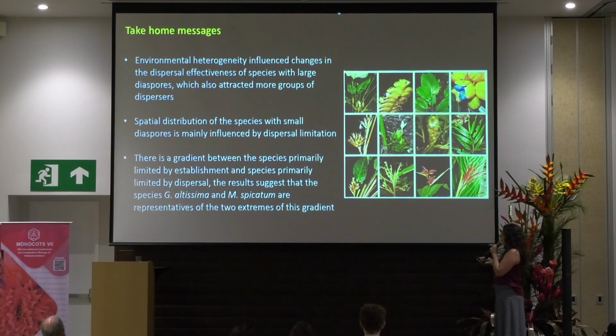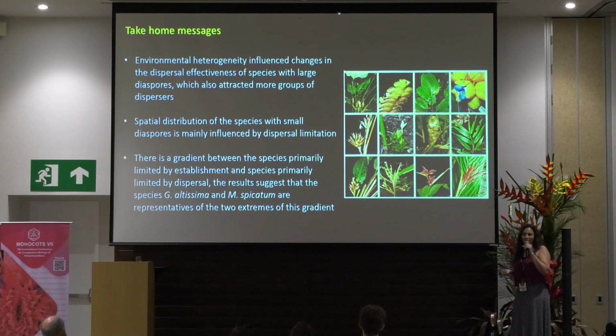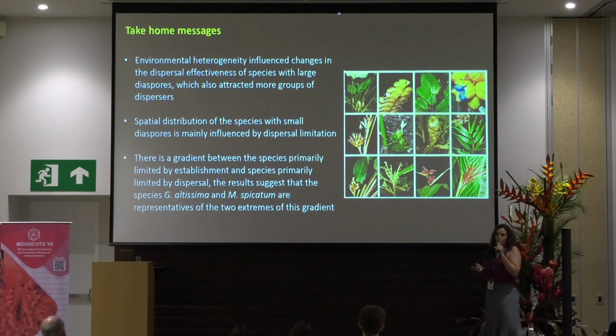And we have Goeppertia altissima, which is dispersed by vertebrates, but is environment filtered because it's not related much to the valleys. So we need to take this into account if we want to understand the trajectory of Marantaceae plant populations in the changing world we have now going on.